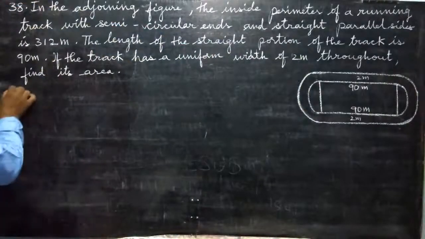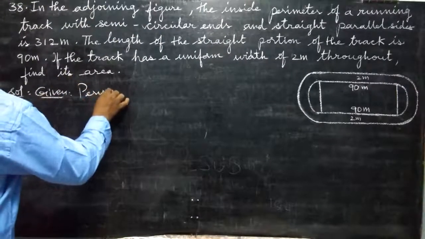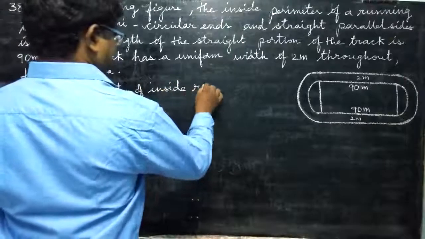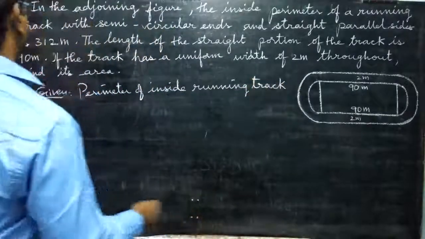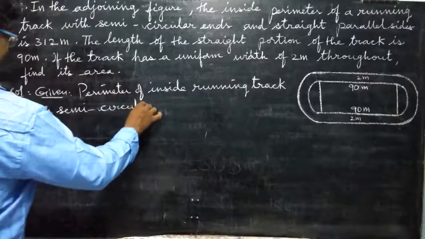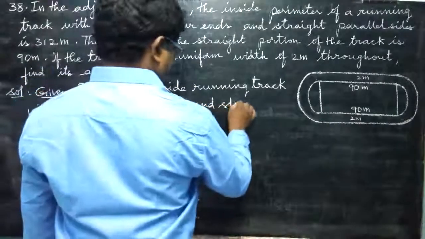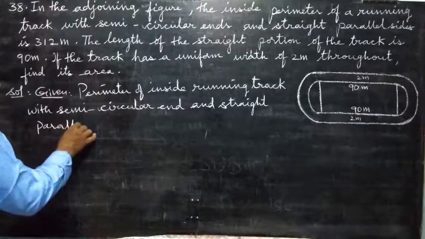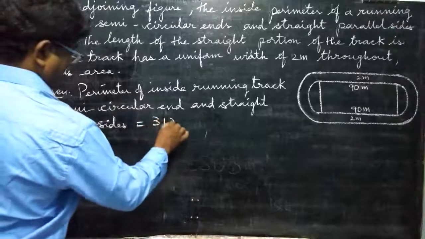312. So solution, given: perimeter of inside running track with semicircular ends and straight parallel sides is equal to 312 meters, they give.